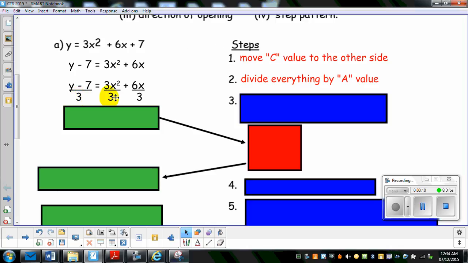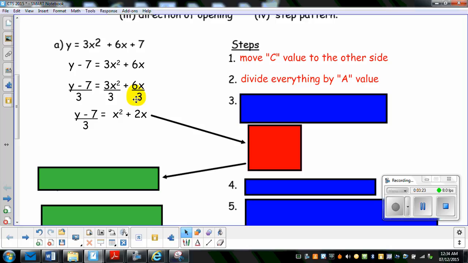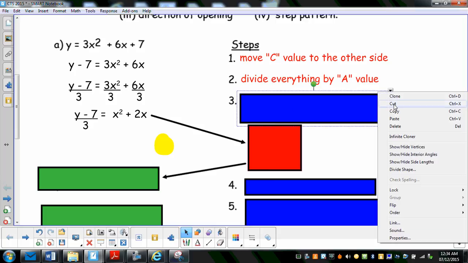We divide this term by 3, and we divide this term by 3. The main reason that we divide by 3 is so that we can get rid of the 3 in front of the x squared. So these two 3s divide each other out, and 3 divides into 6 two times. That's what it looks like when we simplify things.